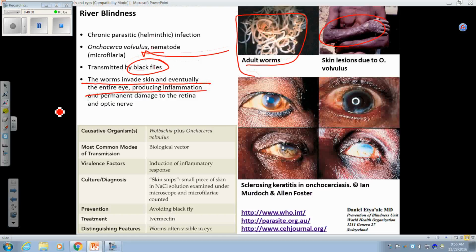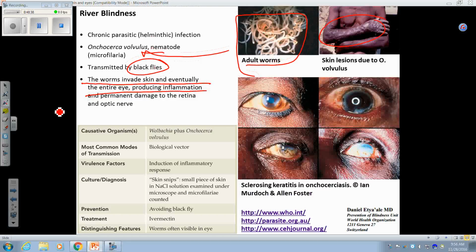Because ivermectin, I will remind you, it paralyzes the worm. It doesn't kill it, but the worm becomes paralyzed. And when the worm is paralyzed, it's awfully hard to do something. Any idea what? Yeah, it's really hard to find a mate and replicate when you're paralyzed.